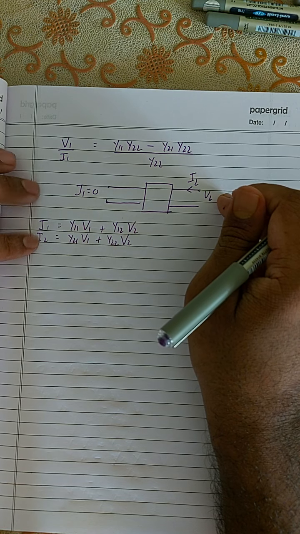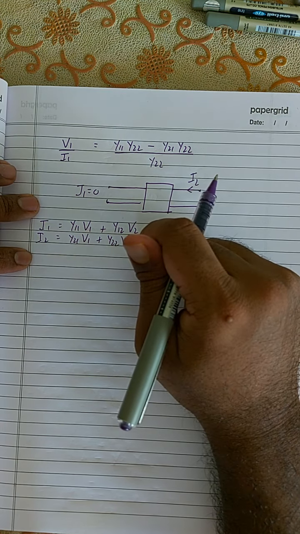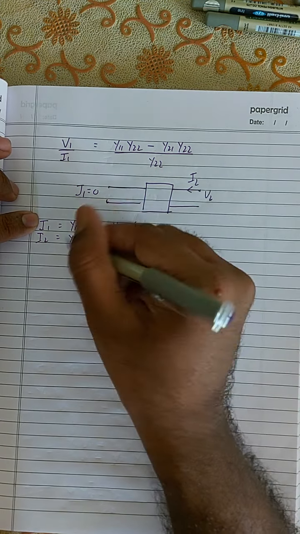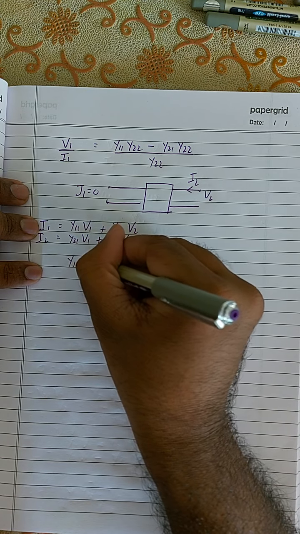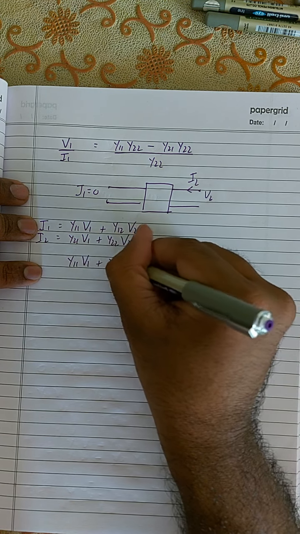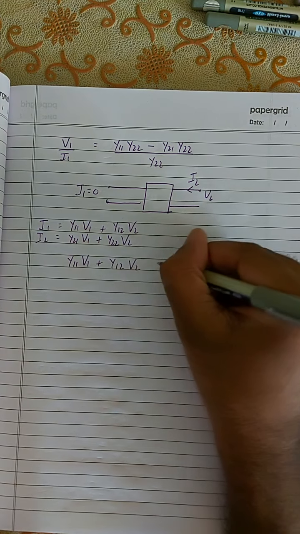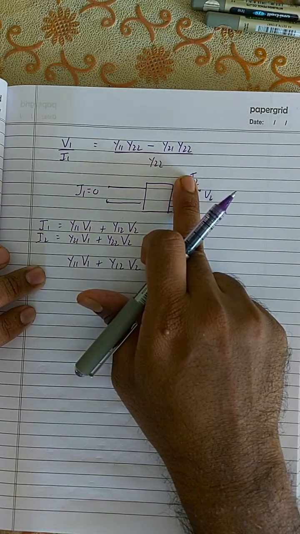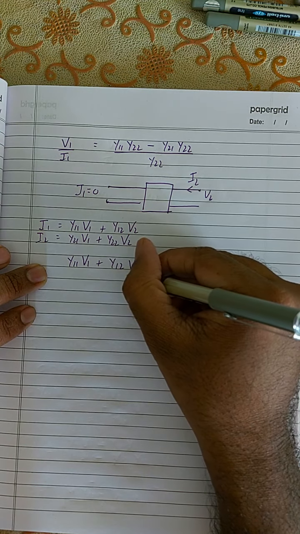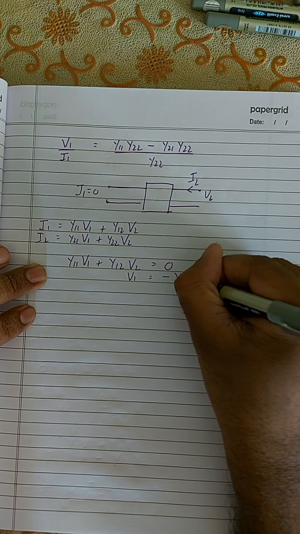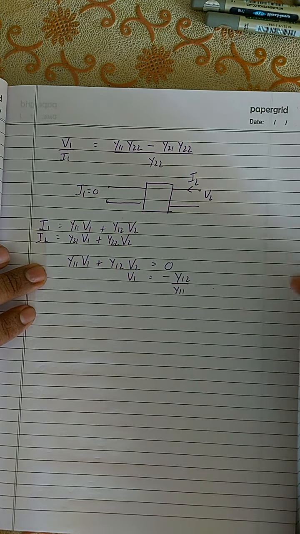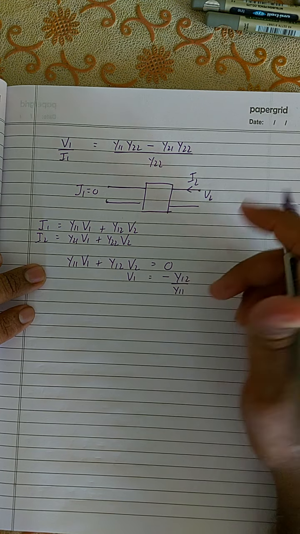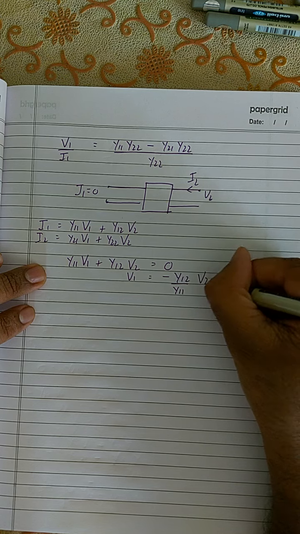I1 equal to 0 means Y11 V1 plus Y12 V2 is equal to 0. Since I'm trying to find V2 by I2, I don't want V1. So V1 is equal to minus Y12 by Y11 V2.